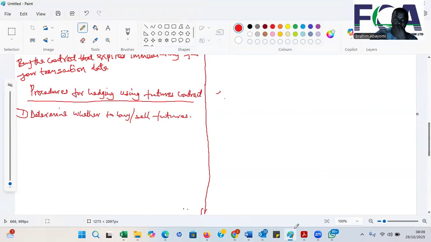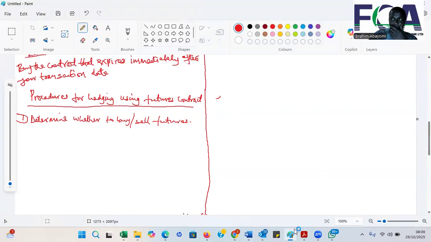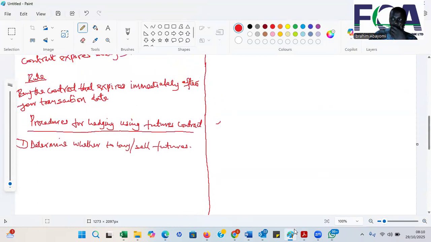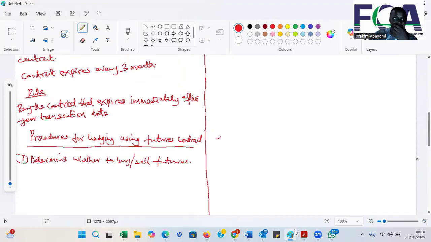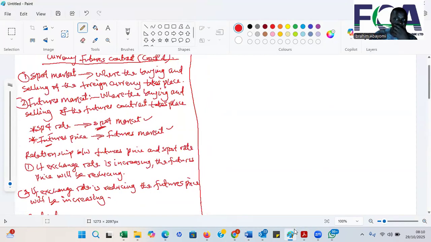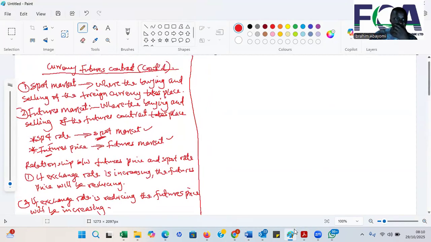Under the relationship between futures contract and spot rate, we said there is an inverse relationship. If exchange rate is increasing, what happens to the futures price? The futures price drops.